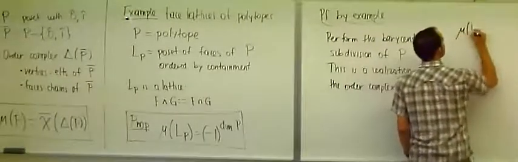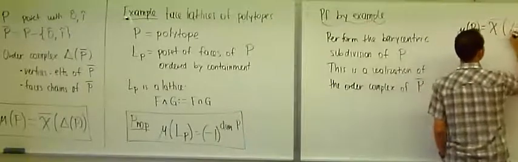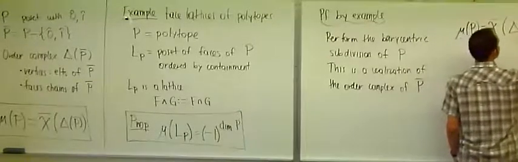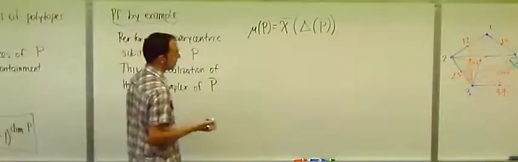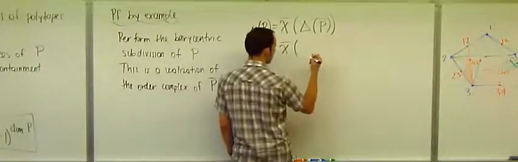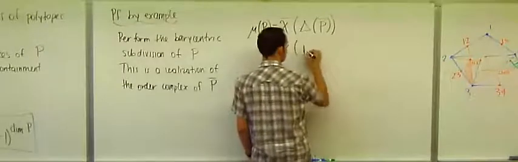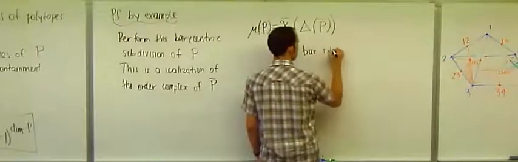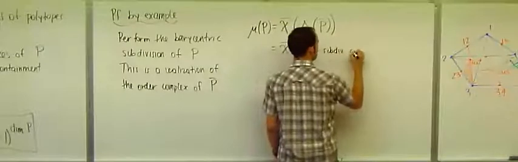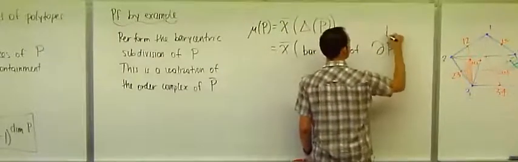So then we get this. We get that the Mobius number of P is equal to the reduced Euler characteristic of delta of P bar, right? But I just said that this is precisely the barycentric subdivision of the boundary of P. Okay, this is the boundary of P.